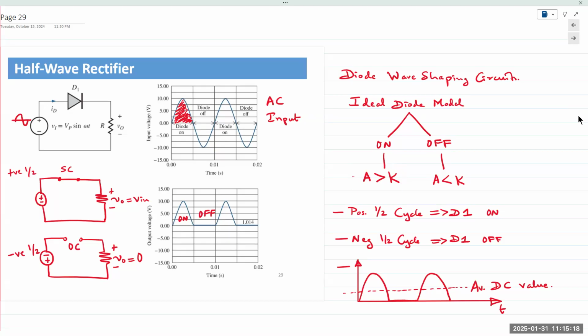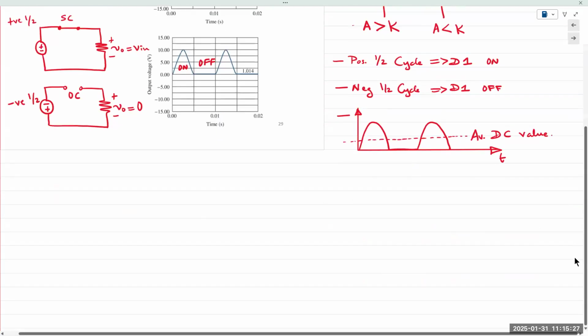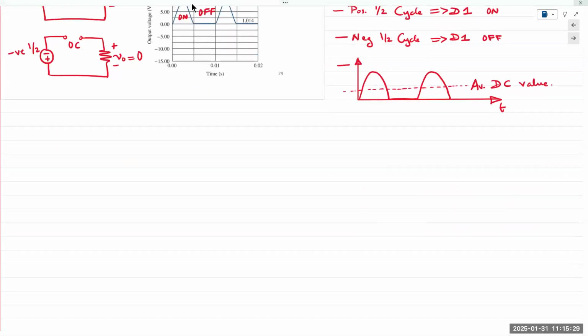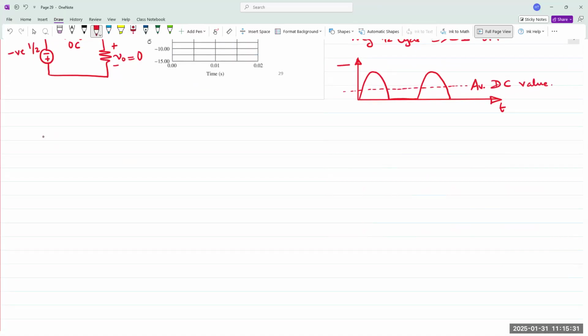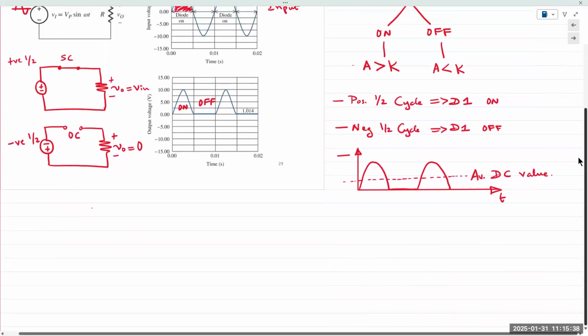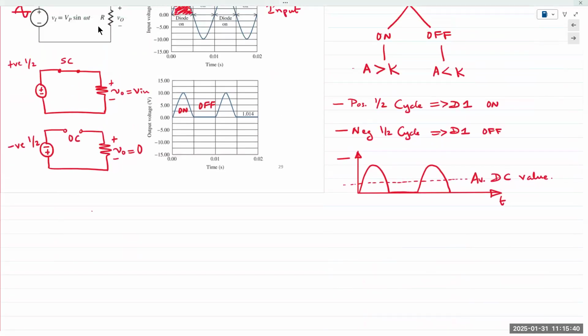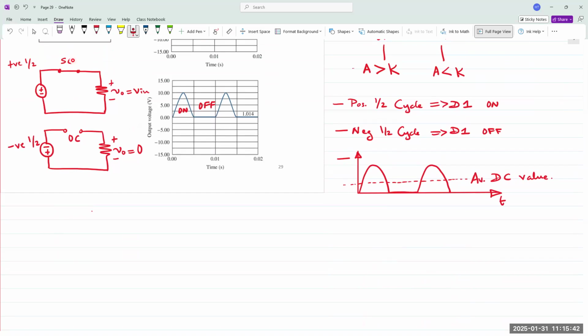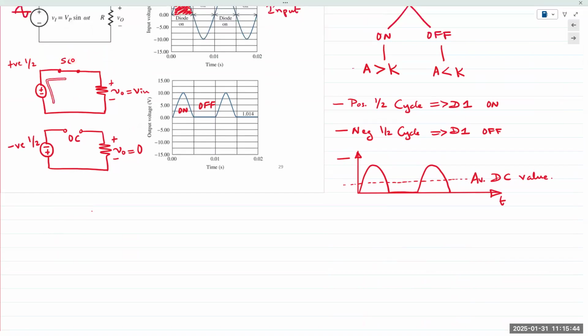When the diode turns on, we can model the diode as a short circuit, and the input reaches the output.